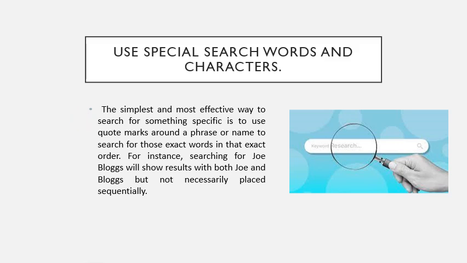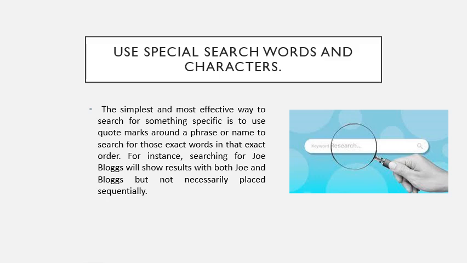The simplest and most effective way to search for something specific is to use quotation marks around a phrase or name to search for those exact words in that exact order. For example, searching for Joe Blogs will show results with both Joe and Blogs, but not necessarily placed sequentially.